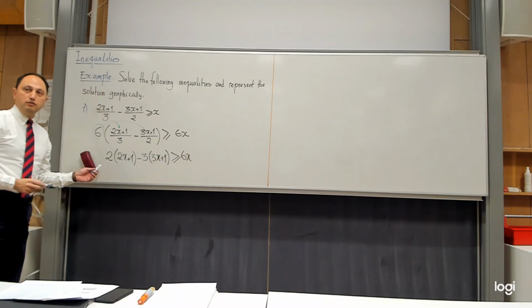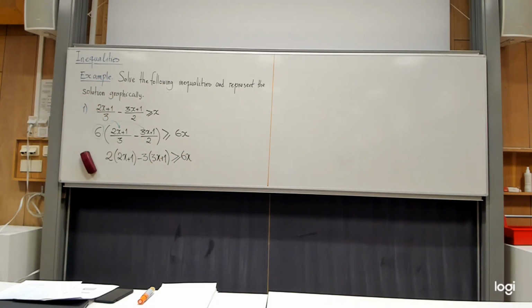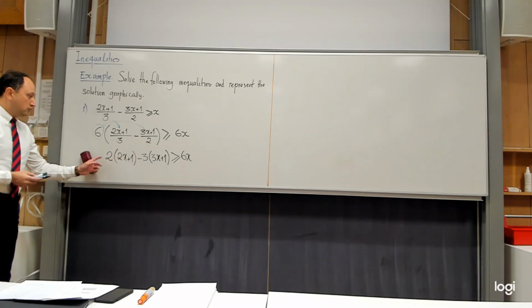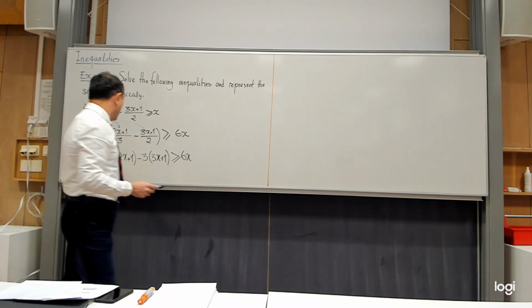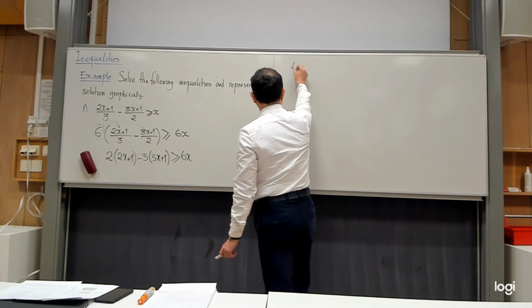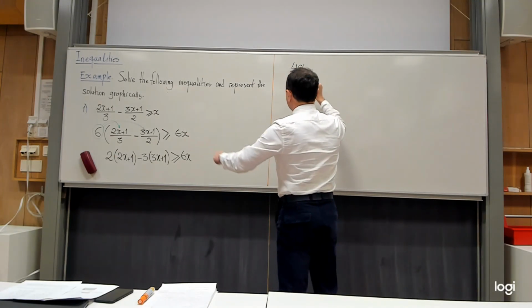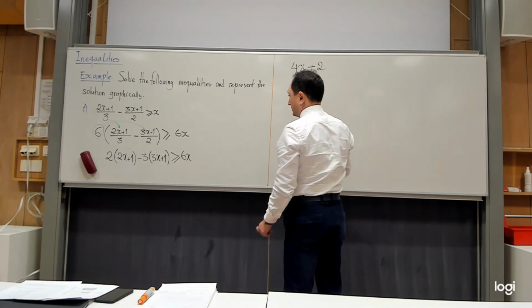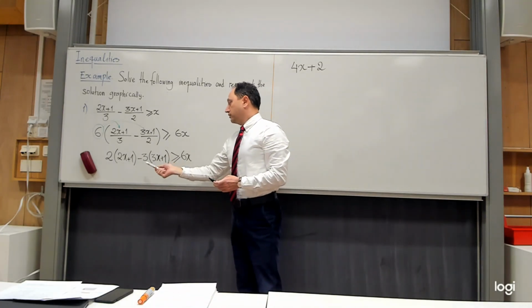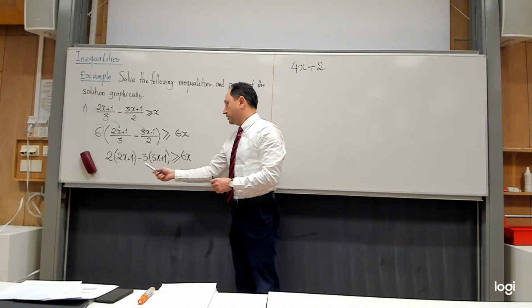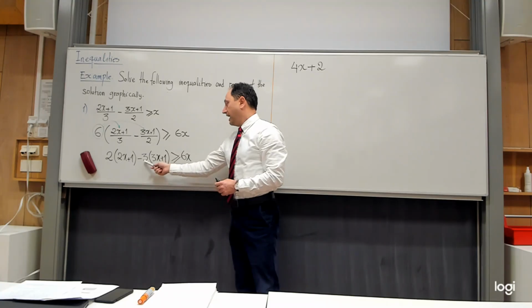So you see it's very, very similar to what you learned for equations. And then you need to simplify. So I expand that. 2 times 2x is 4x, and then 2 times 1 is positive 2. But here again, be careful about your algebra. You have minus 3 that you have to multiply here and here.